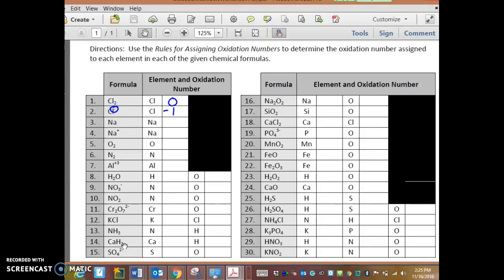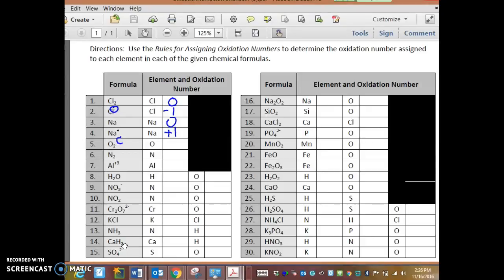Sodium. It's an element, which means its oxidation number is 0. What about Na+? Okay, +1. O2.